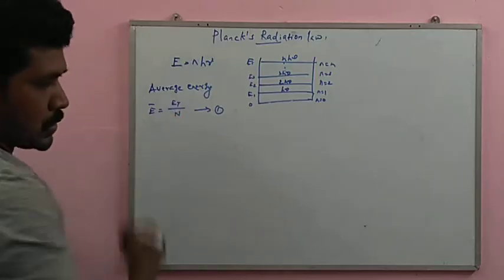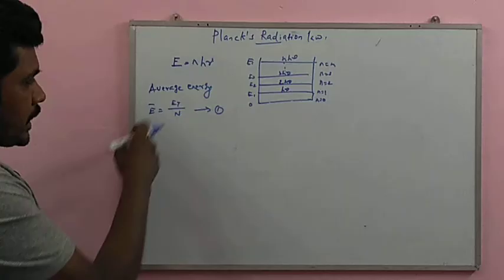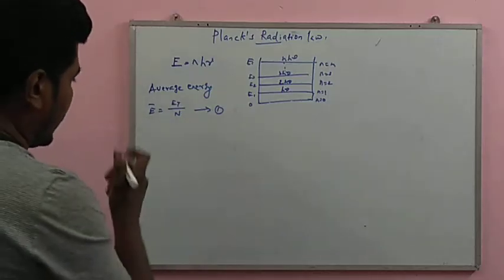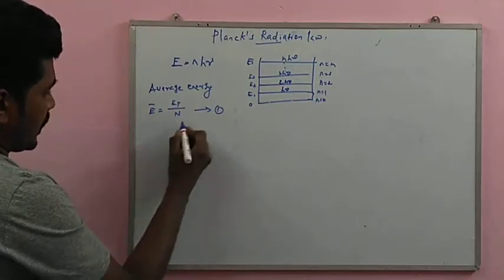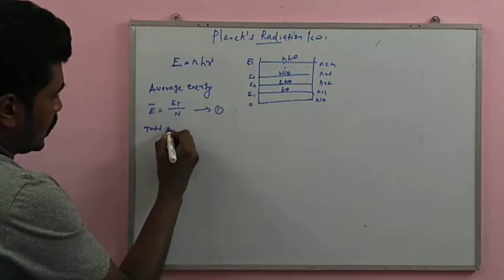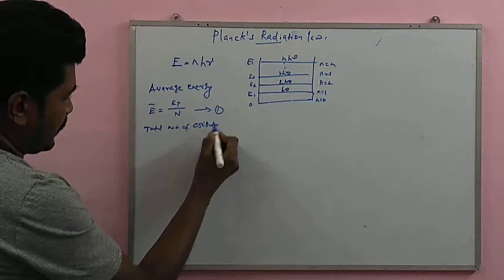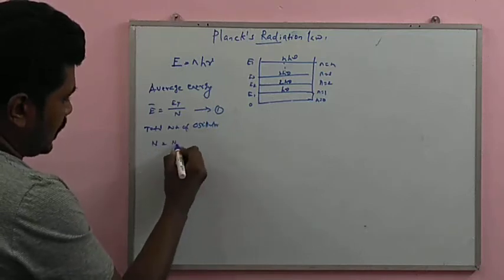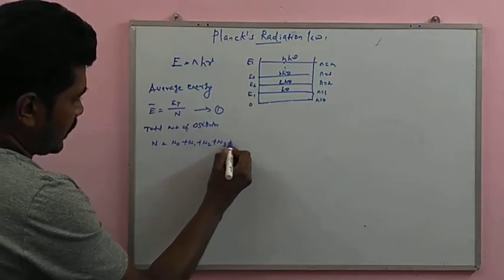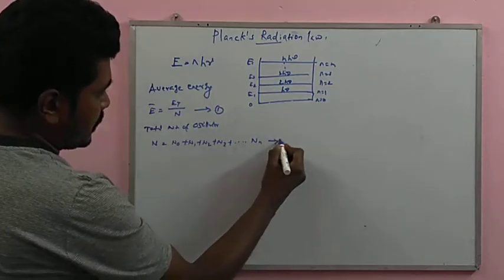The ratio of total energy to the total number of oscillators is known as the average energy. Here N is the total number of oscillators, so N is equal to N0 plus N1 plus N2 plus N3 plus etc. This is equation number 2.